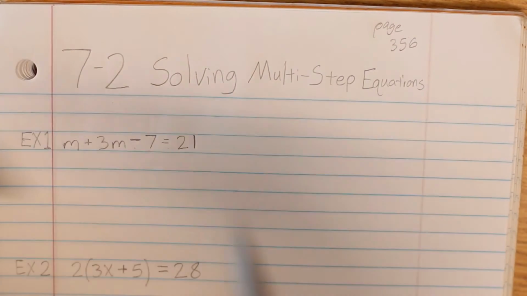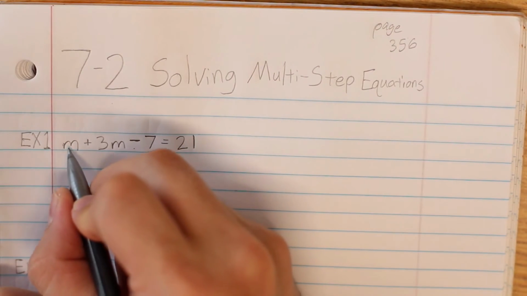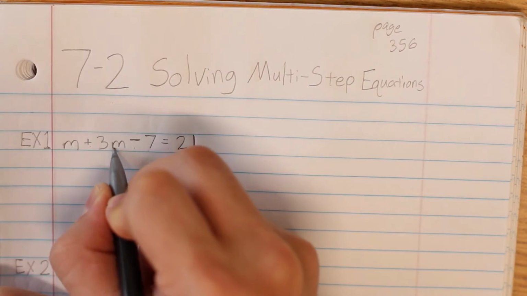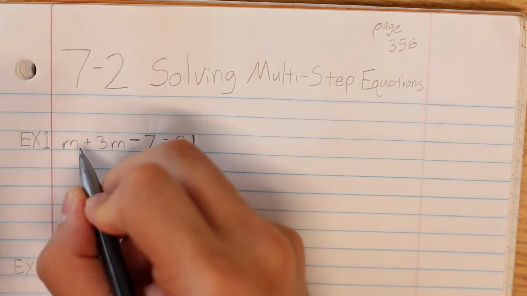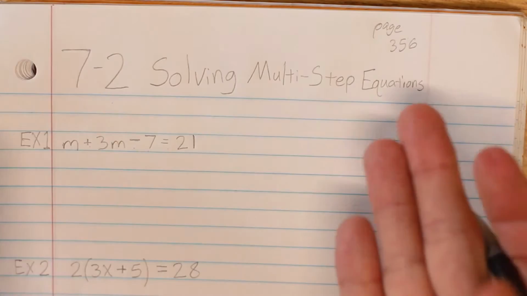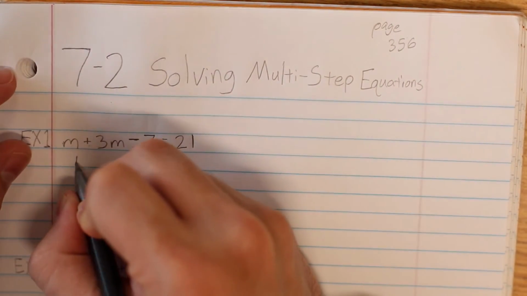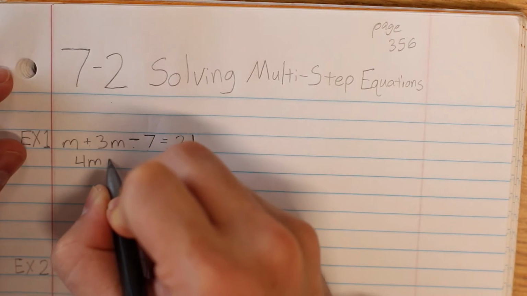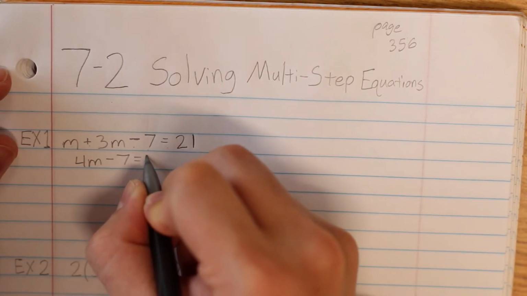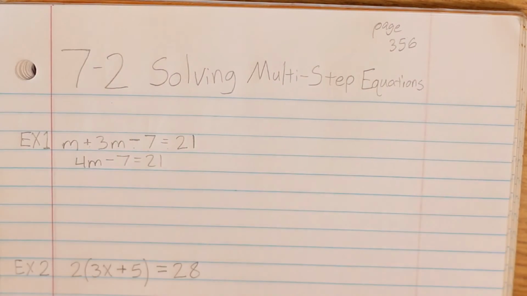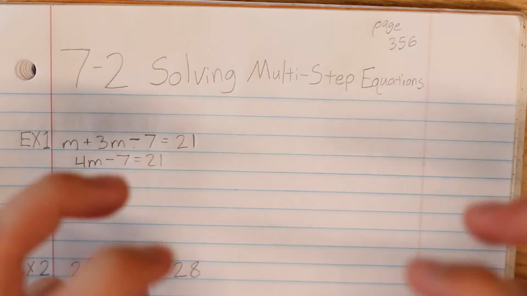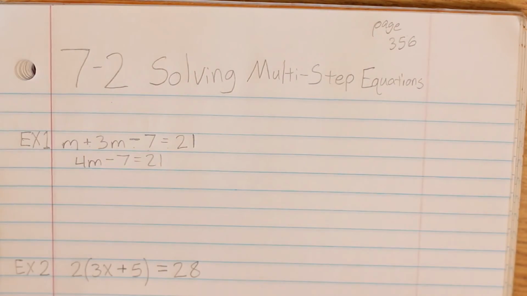But here's what you would do. You would add the m with the 3m. This is understood to be 1m. Remember, no number there, it's understood to be 1. So you have 1m plus 3m. You would get 4m minus 7 equals 21. Now we've turned this supposedly multi-step problem into just a two-step problem that you've already solved one like before.